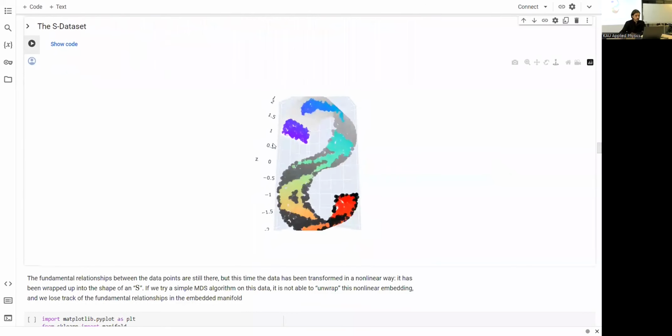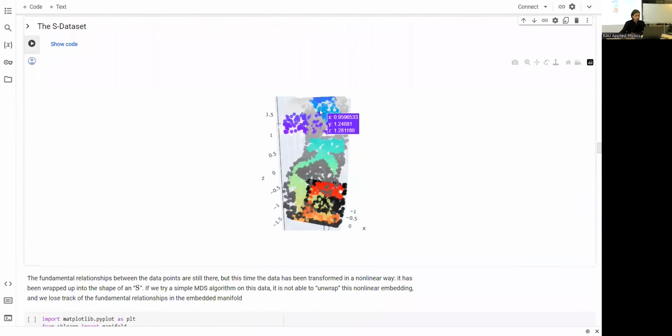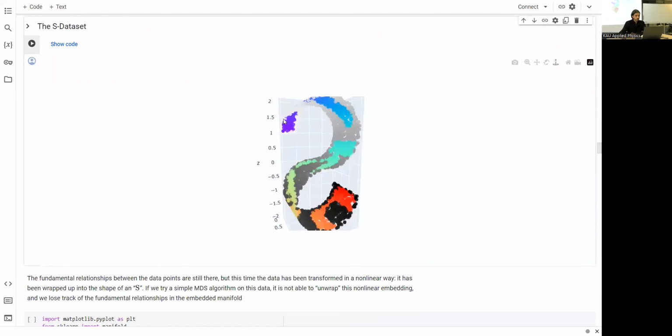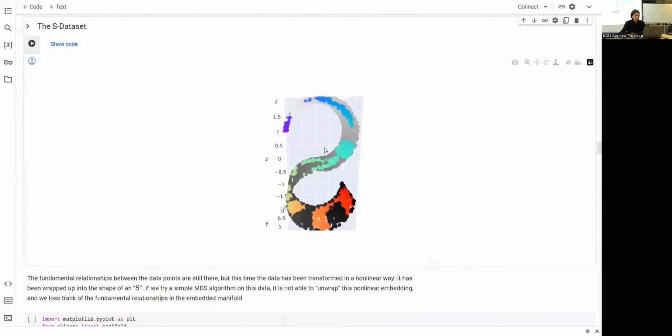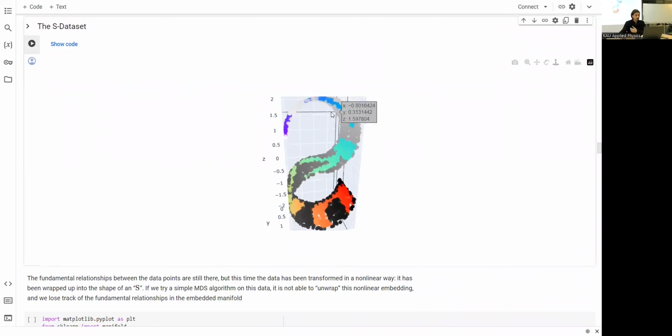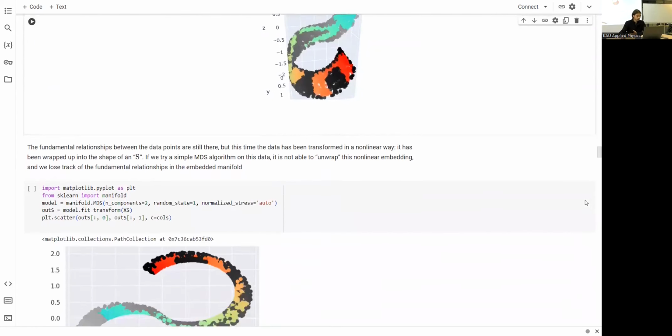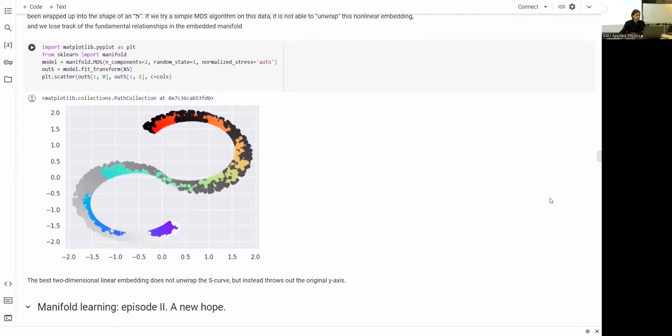Here is an S-shaped manifold. Once again, you can look at the points and see the structure in them. Now we will try to unwrap this S-shaped manifold and put it into the plane, but we want to do that with the MDS method. So what happens? Here is the result that we get.